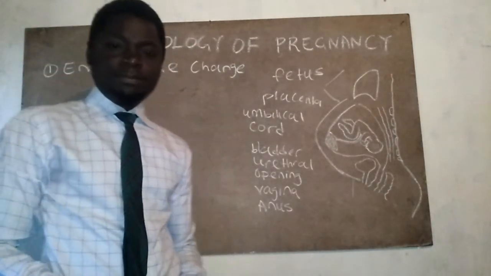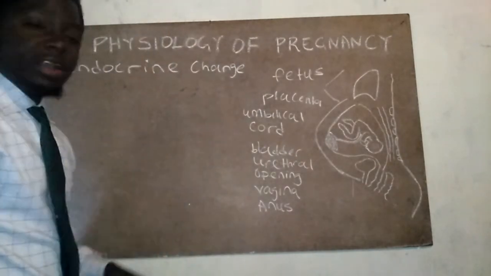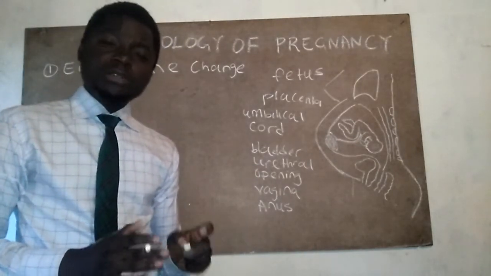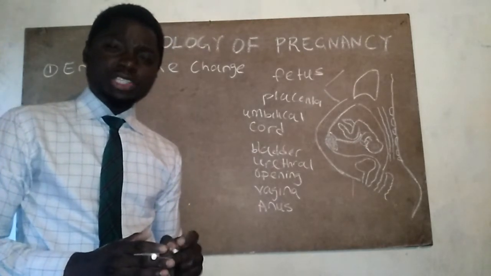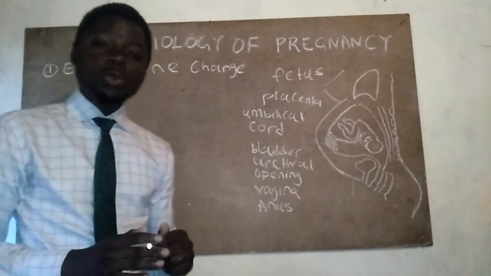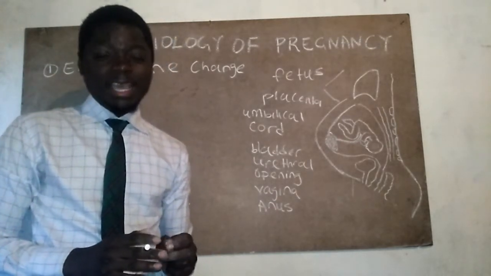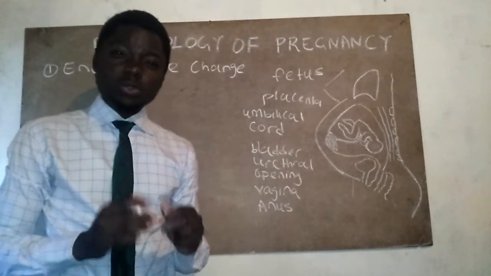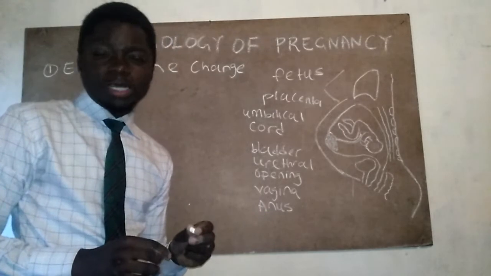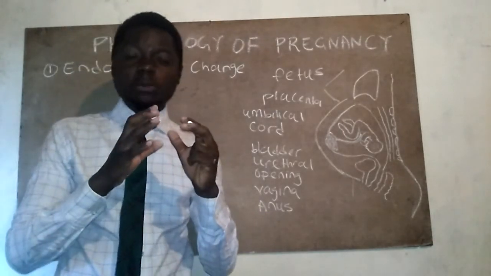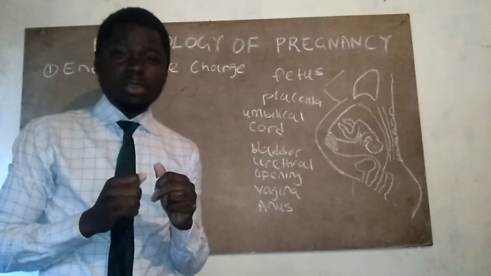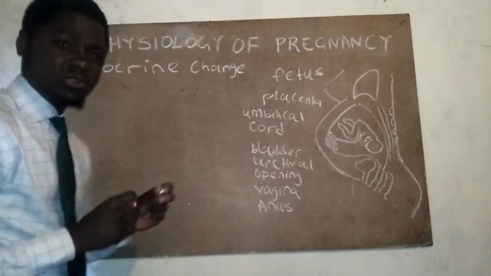In the luteal phase, at the development of pregnancy, the anterior lobe of the pituitary gland is going to start producing a lot of hormones. The most important thing to notice during this stage is that there is going to be hypertrophy of the pituitary gland. That is, the pituitary gland will begin to enlarge and thereby start producing a lot of hormones. One of the hormones is estrogen.